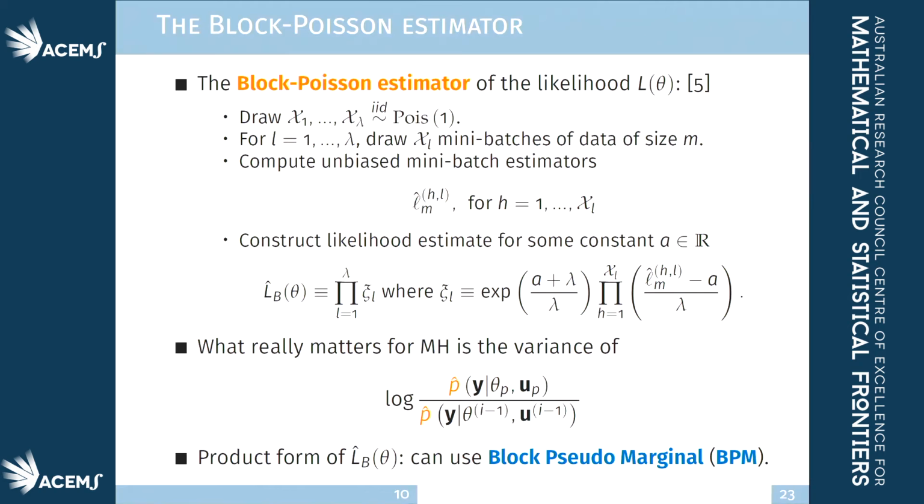Now, we've got an unbiased estimate of the log likelihood, but we want to do exact Bayesian inference, so we need an unbiased estimate of the likelihood itself. What we use is what's called a Poisson estimator to get an unbiased estimate. This Poisson estimator is of the form given above, more or less, but we use a block Poisson because that's more efficient.